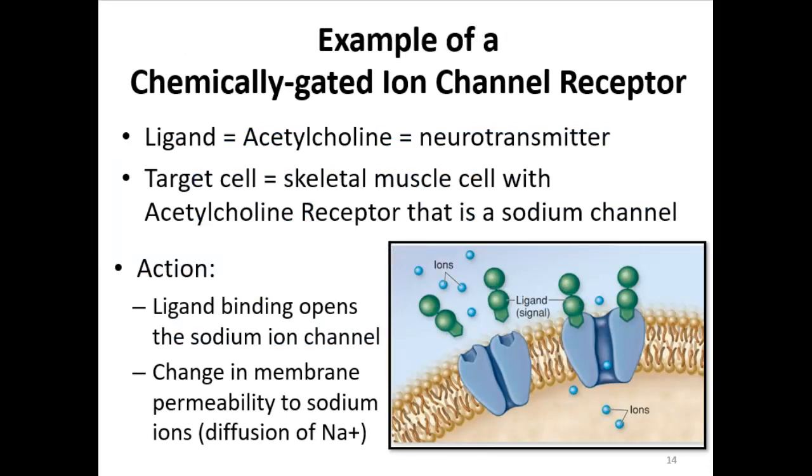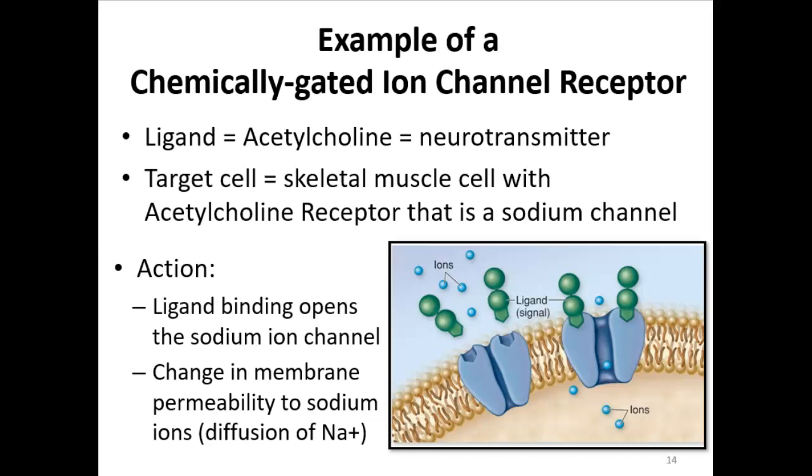Before we look at specific examples of the G protein linked receptor, I'd like to show you one for a chemically gated ion channel receptor. In this case, the ligand is acetylcholine, a neurotransmitter released by neurons that target skeletal muscle cells.